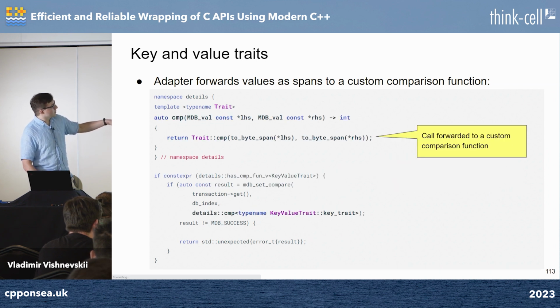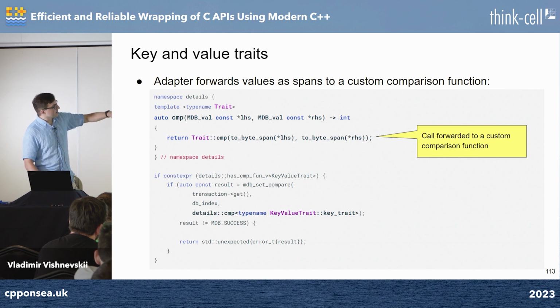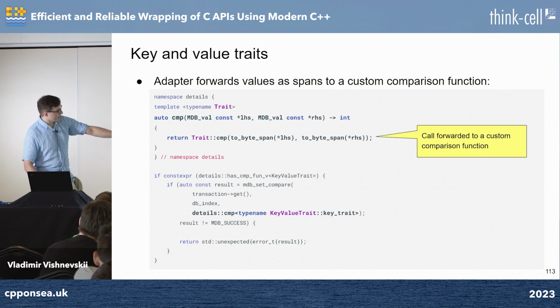Then we use a generic adapter that has the trait type and just forwards the call to this trait CMP, converting the MDB vals, which are provided by constant pointers, into the span representation, the byte span. Here we instantiate it with the key trait, and it just forwards this to the static function that was provided by the client. So it is just an adaptation of one function to another, but they are of course both static.